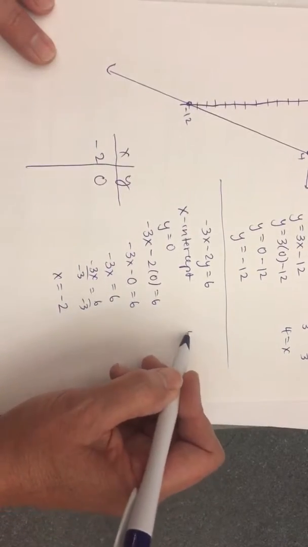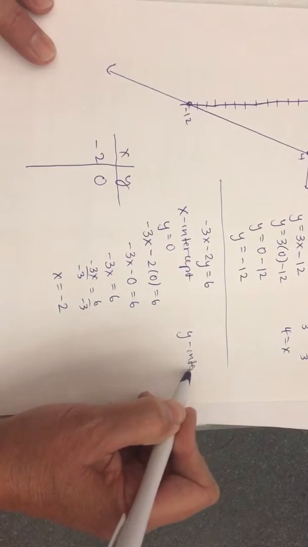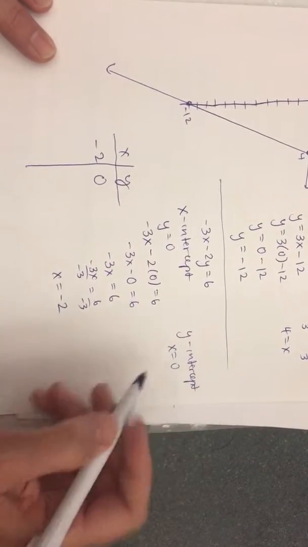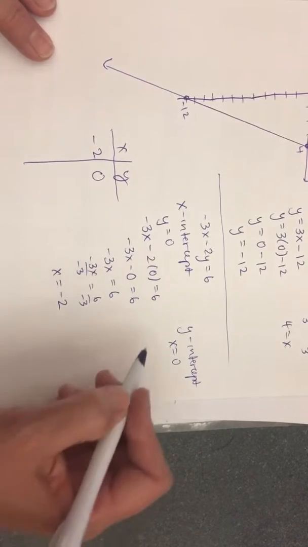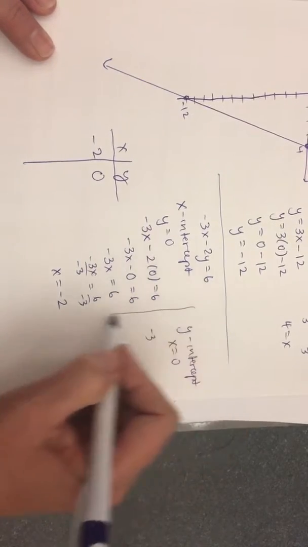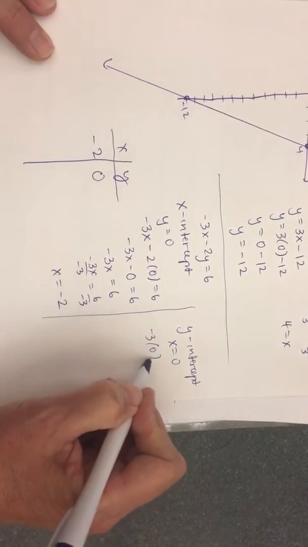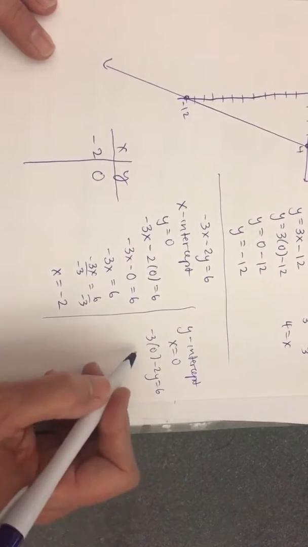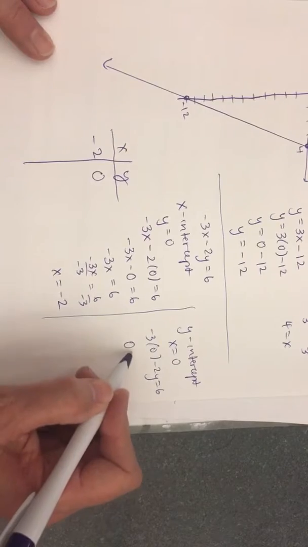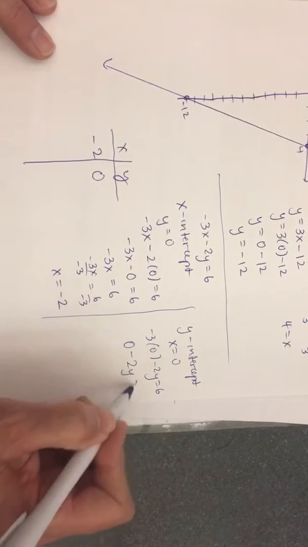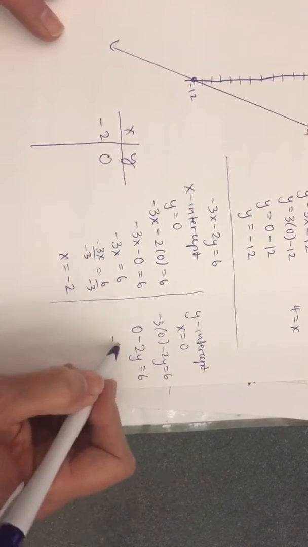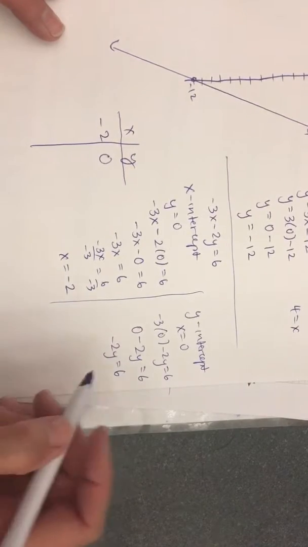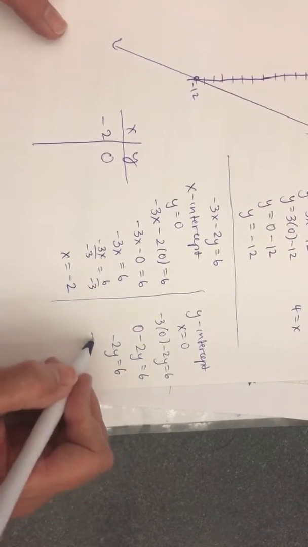And then the y-intercept, x equals 0. This will give me negative 3 times 0 minus 2y equals 6. Negative 3 times 0 is 0. 0 minus 2y equals 6. Negative 2y equals 6. 0 minus 2y is negative 2y.